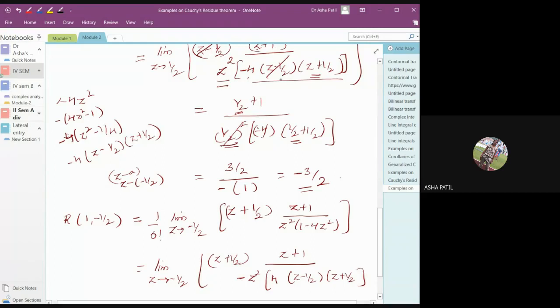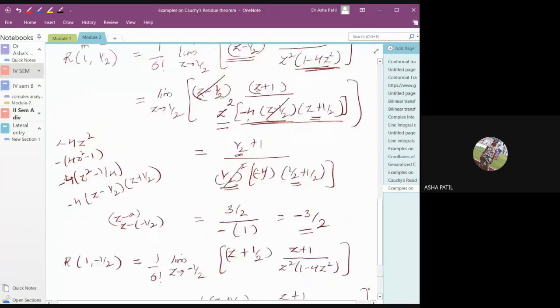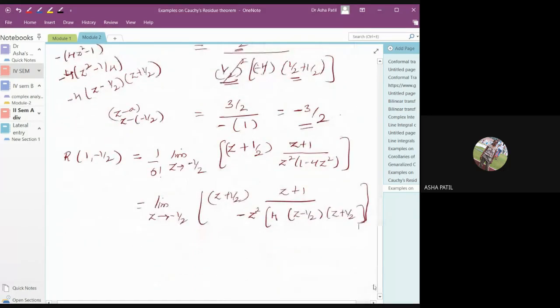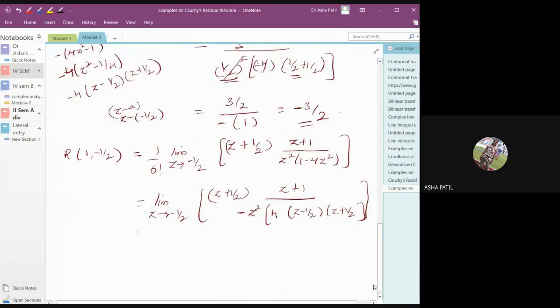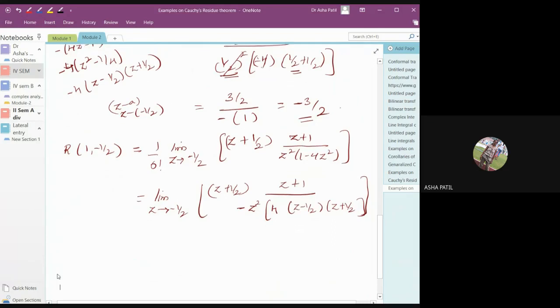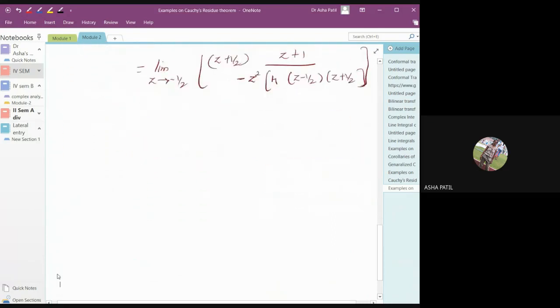This is the factorized term, I just kept my minus sign outside. Simplified. Z plus 1 by 2 needs to be cancelled. Then put z as minus 1 by 2. This term will get cancelled. Minus 1 by 2 plus 1, minus 1 by 2 whole square.